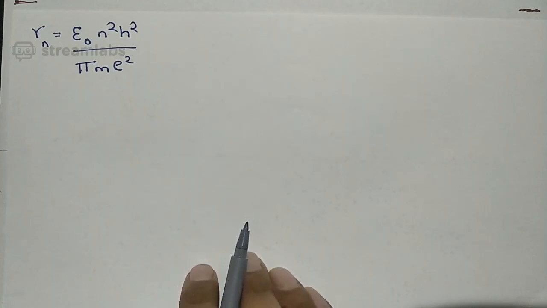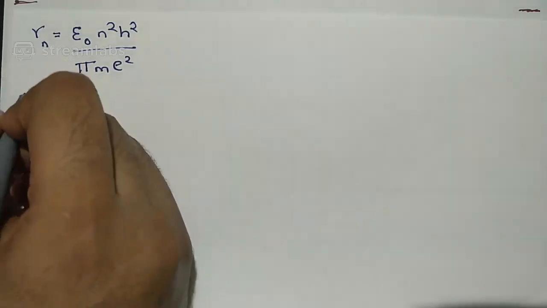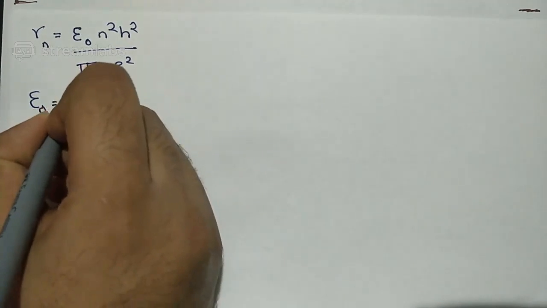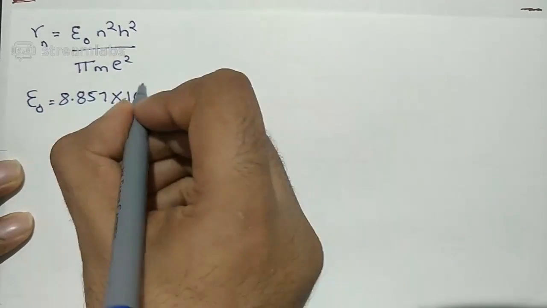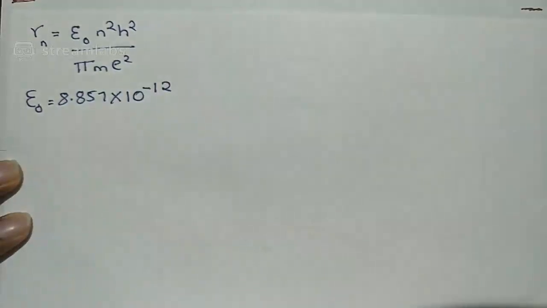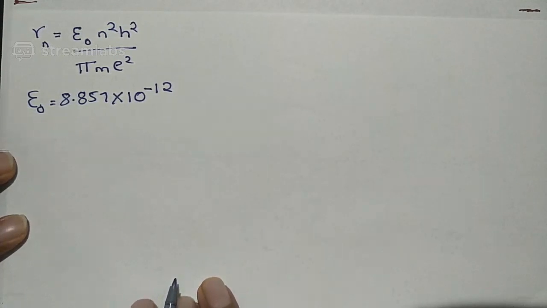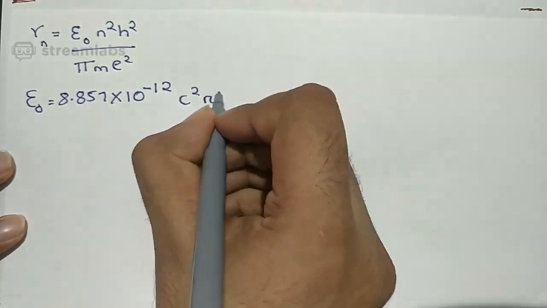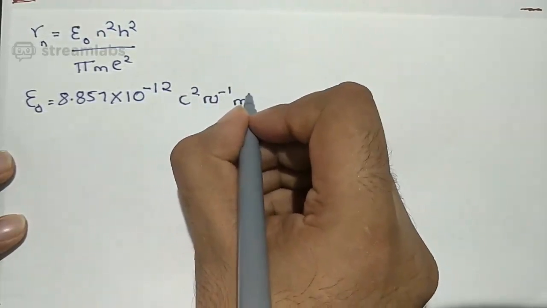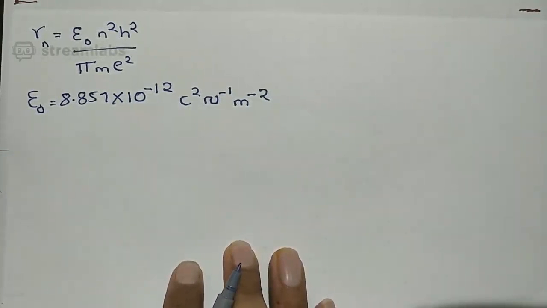So that means it is the permittivity of the vacuum. So that value is fixed, as I mentioned, 8.857 into 10 to the power minus 12. That many Coulomb square, Newton to the power minus 1, meter to the power minus 2. That is the unit of epsilon naught.